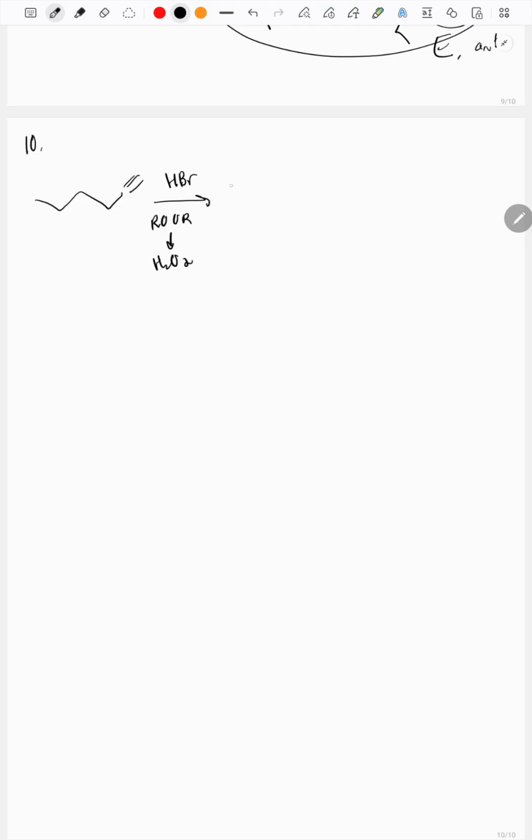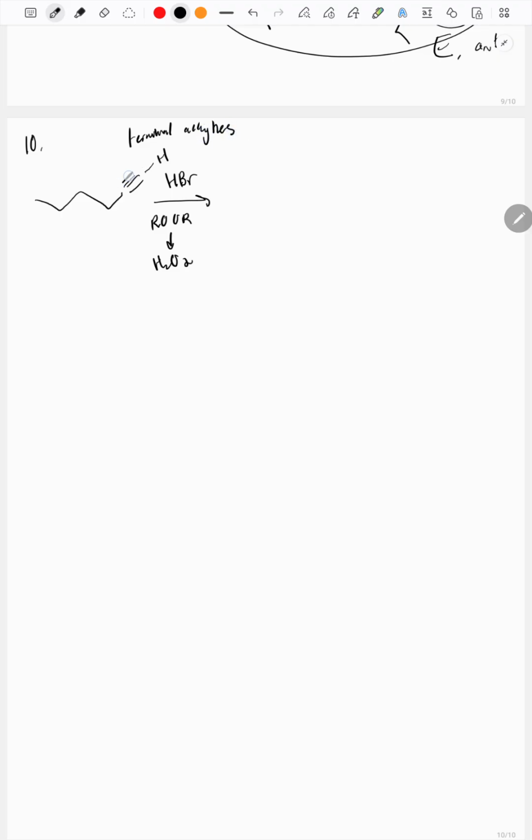If this is the case, what will happen? Well, it turns out that in this case, anti-Markovnikov happens. As we mentioned earlier, anti-Markovnikov or Markovnikov was only significant for terminal alkynes. Internal alkynes, it wouldn't really matter.